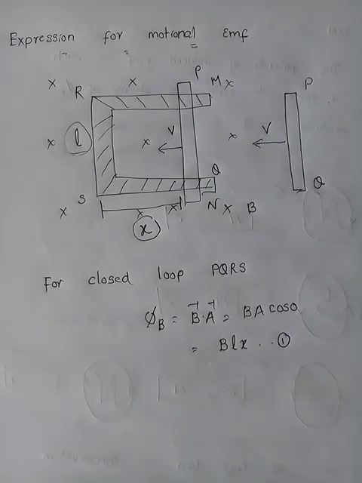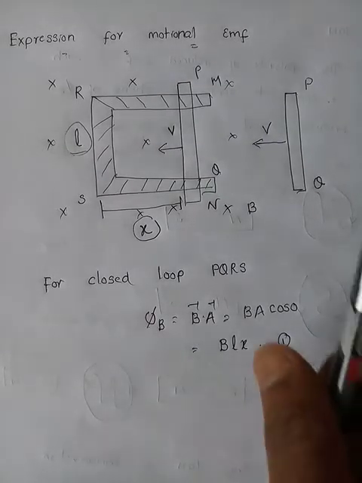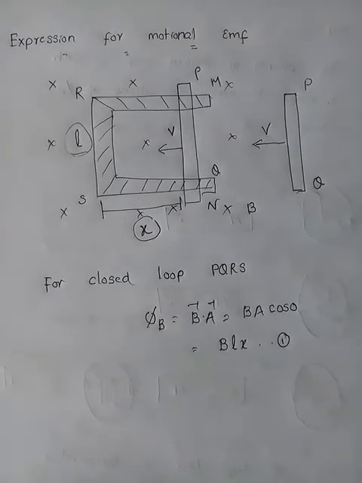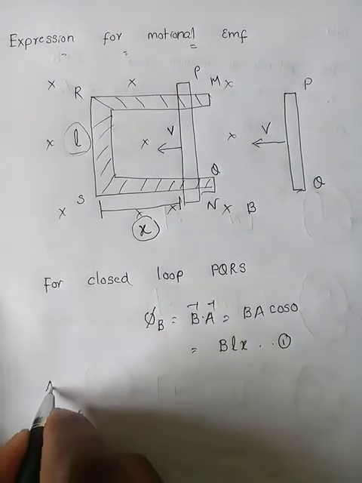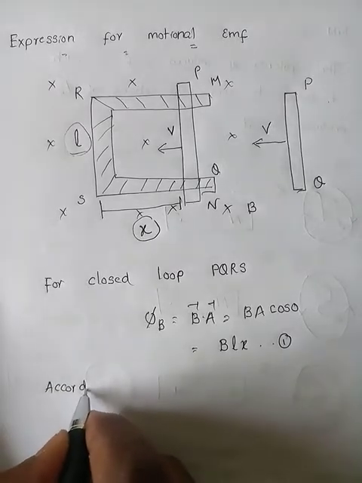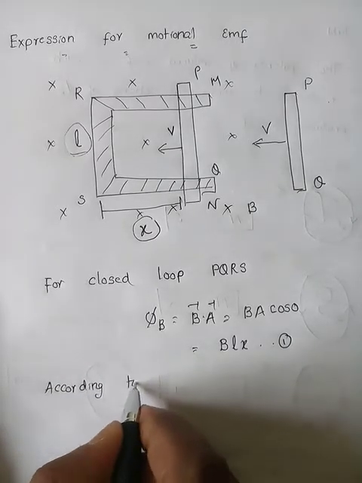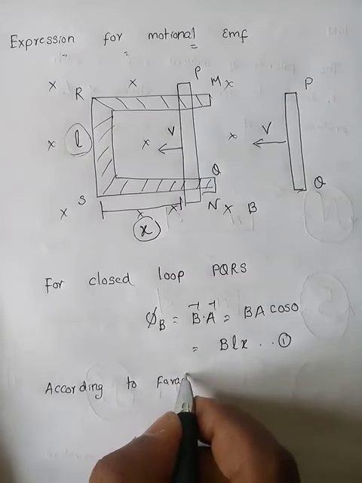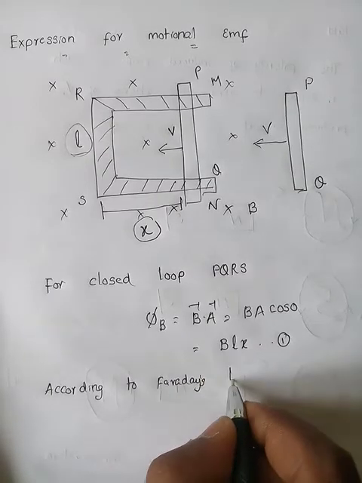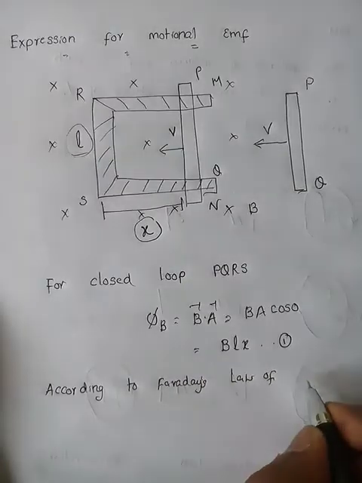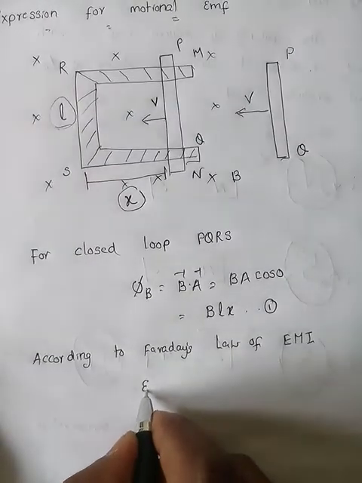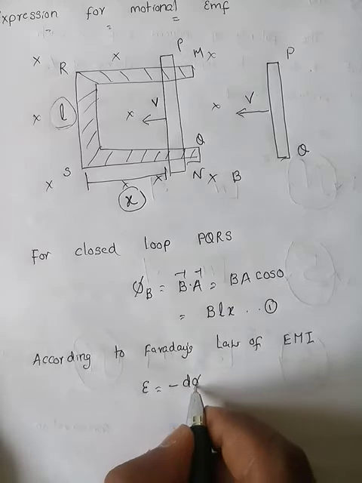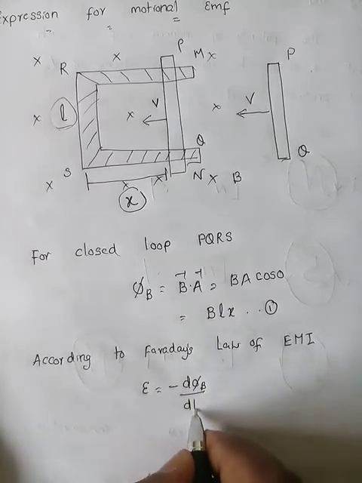Now the flux is changing because the conductor is moving in the presence of the magnetic field and forms one closed loop. So we can use Faraday's law of electromagnetic induction. What is that? E is equal to minus d phi B by dt.